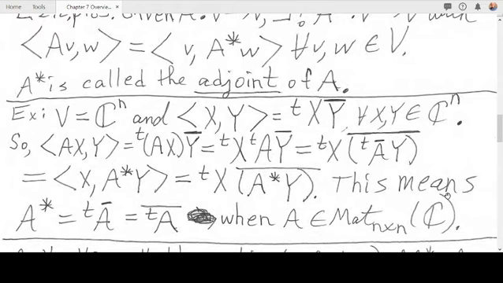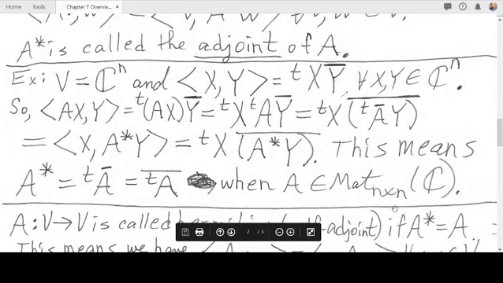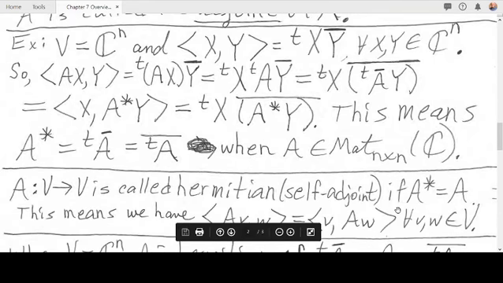So you see here the transpose and the conjugate are interchangeable. Doesn't matter which one you do first. Transpose of the conjugate is equal to the conjugate of the transpose. That equivalence is very important. That's for matrices with complex entries.